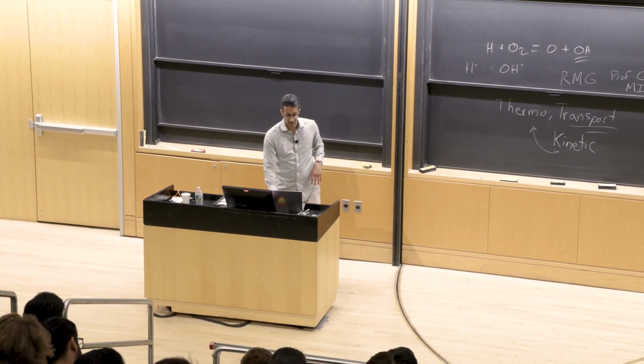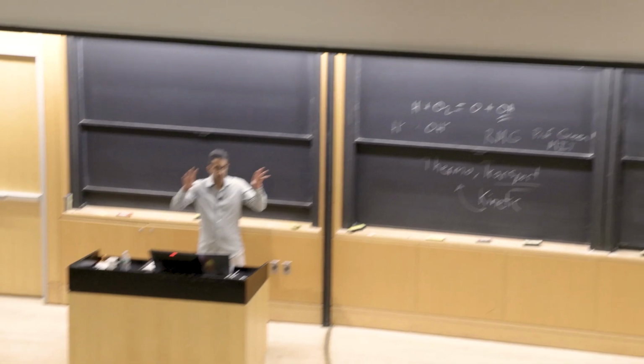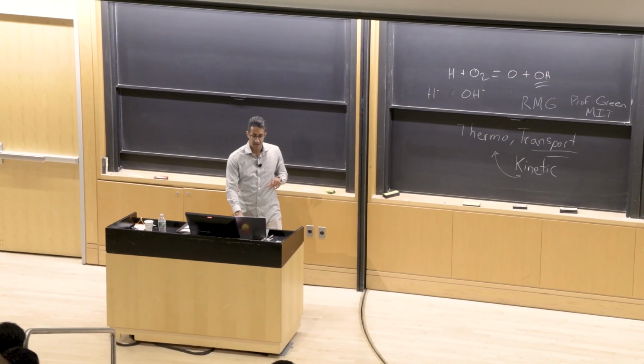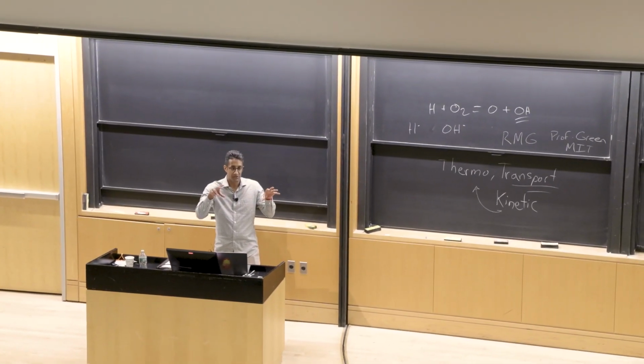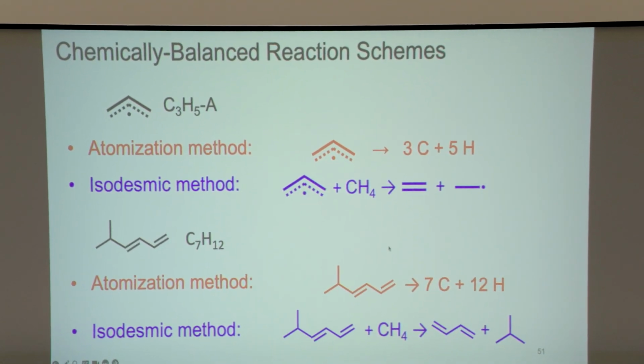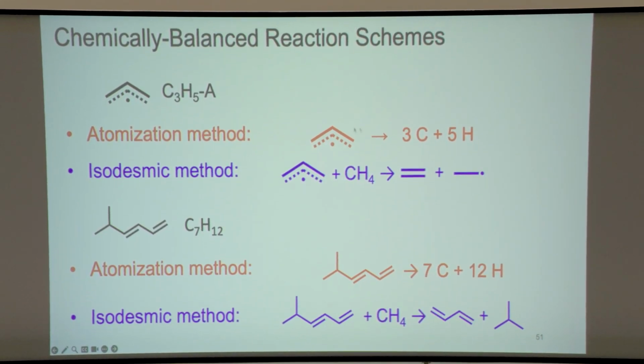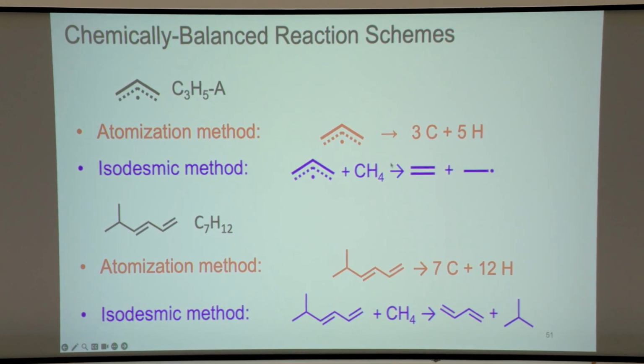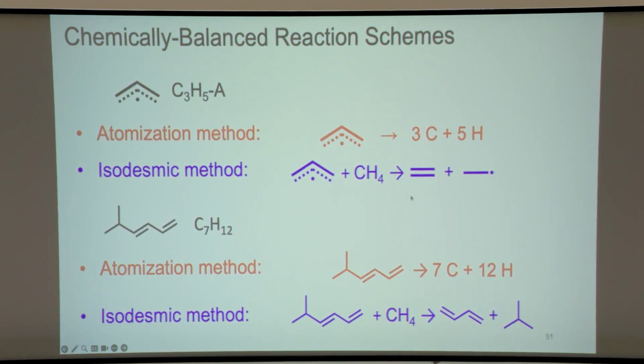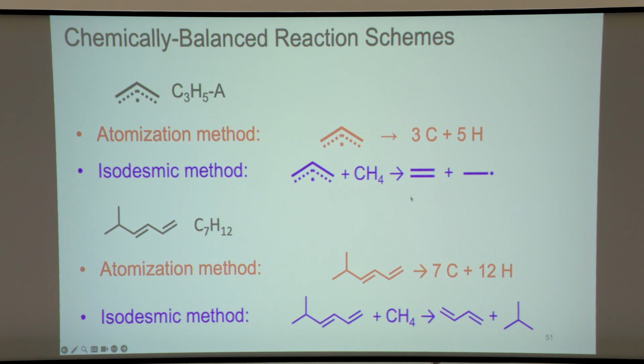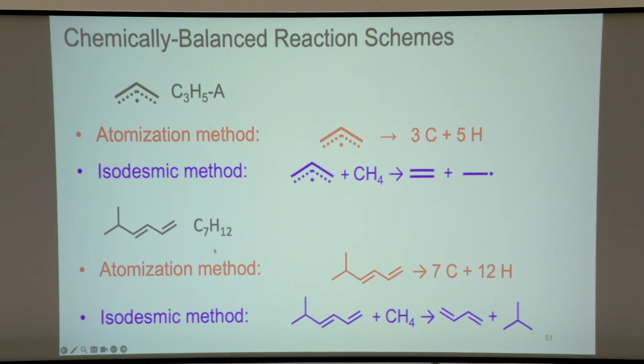But if you do an isodesmic method and take the difference, those errors in the energy of each molecule will cancel each other out, and you'll get better thermal data. Different people do it different ways. Atomization can be done if you use a higher level of theory. Alternatively, you can go to a lower level of theory, but cancel out the errors using these types of isodesmic reactions. And here's another example for a C7H12, an atomization reaction or an isodesmic reaction.